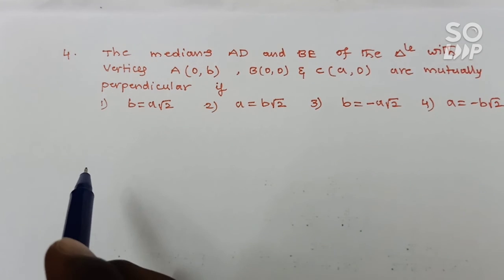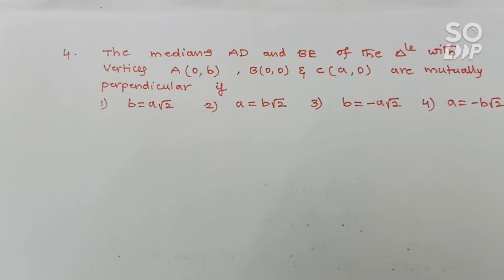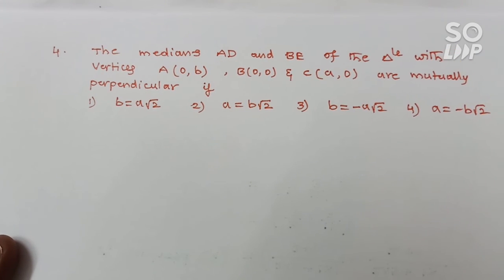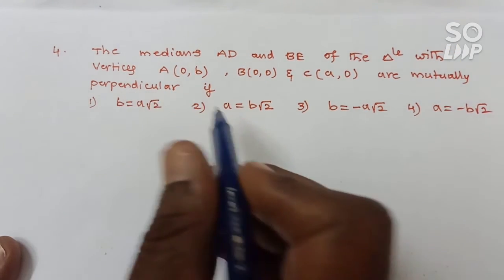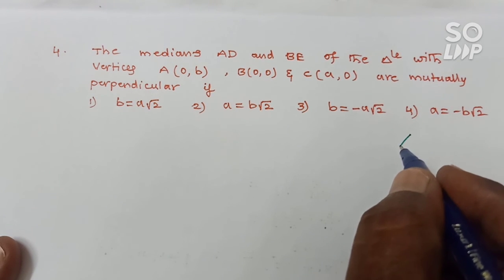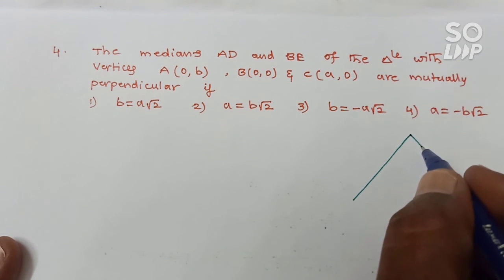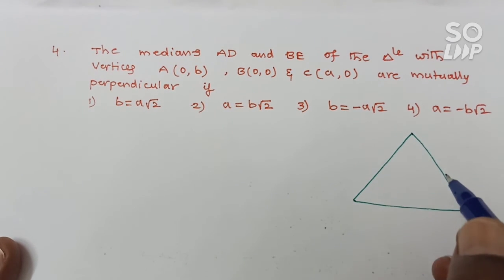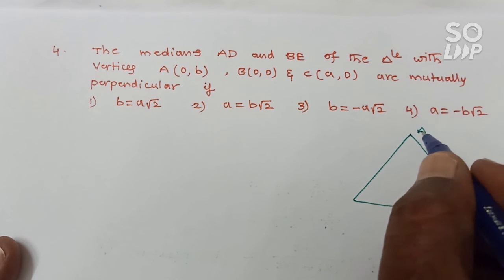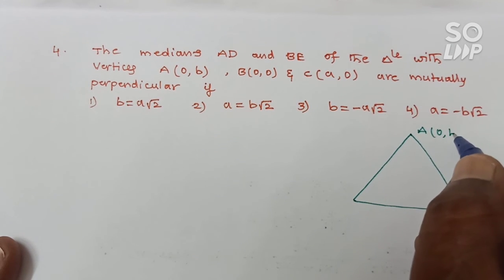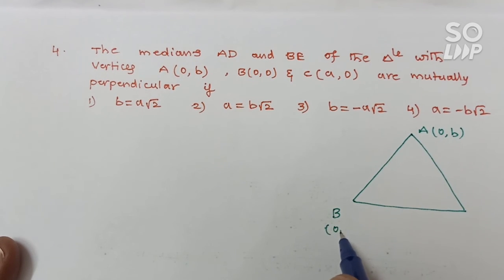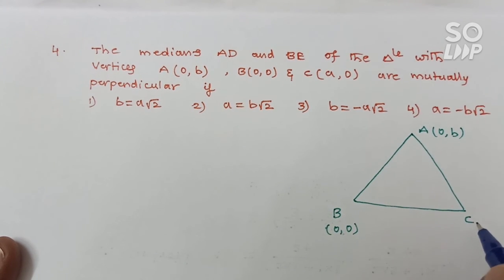See, this one is also related to the centroid concept. Here a triangle ABC is given, with the vertices of the triangle. Vertex A is 0 comma b, B is 0 comma 0, and C is a comma 0.